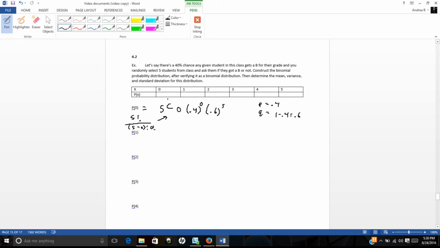So for that first one there, let's type it in here. Should get approximately 0.07776 for the first one. For the next one, we do same sort of thing again. We have 5, this time C1, since we want 1 success.